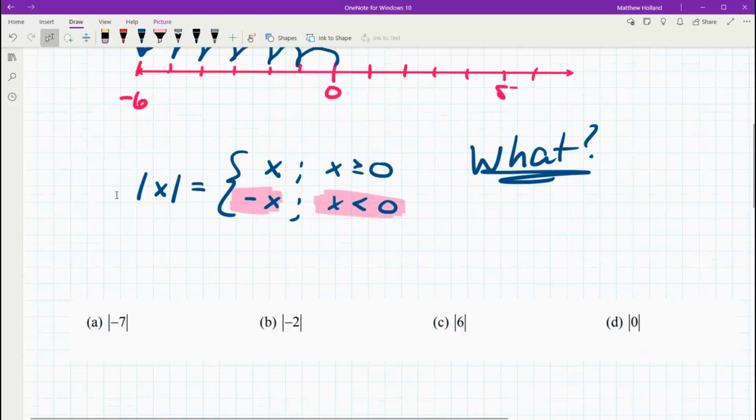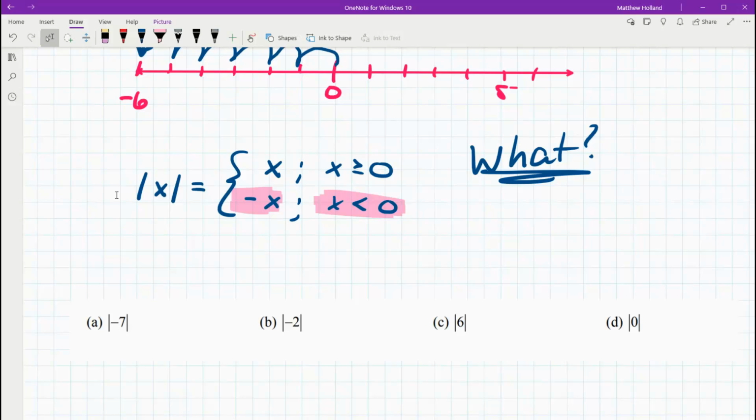Okay, so some people say absolute value means if it's positive, you leave it alone. If it's negative, you make it positive. That's pretty good too. But what I'm trying to show you is that the way it's actually defined in the real world of mathematics is if it's positive, you leave it alone. If it's negative, you multiply it by -1, right? So if the input was 5, you would just leave it alone. The output's 5.